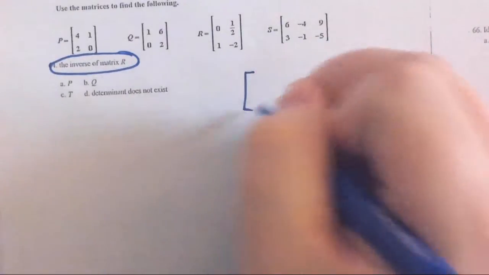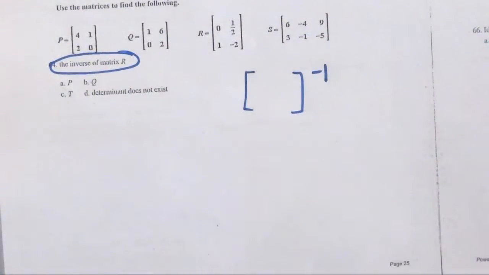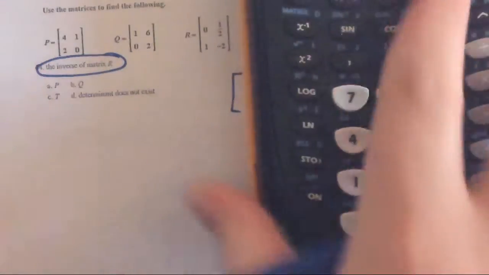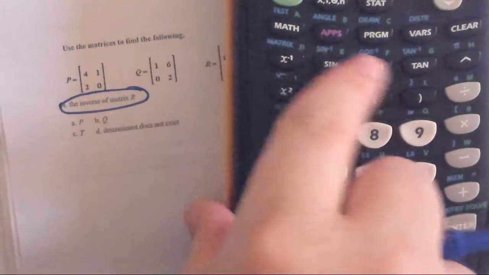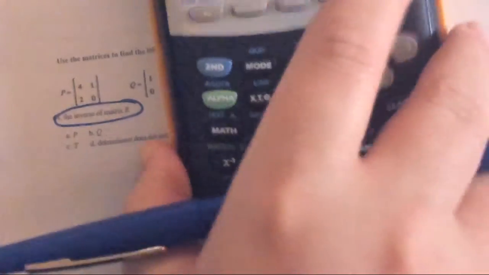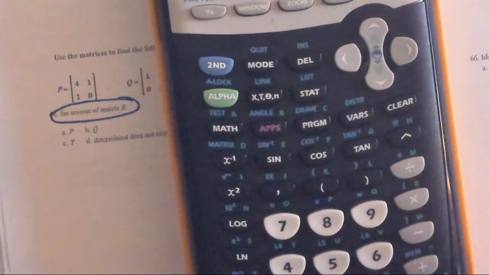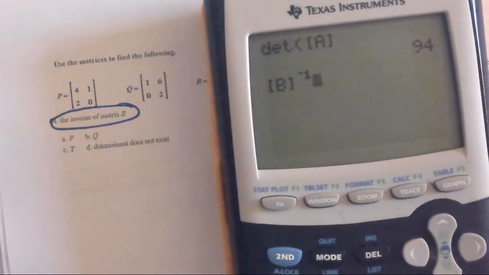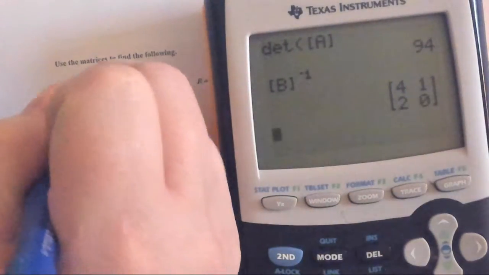So we're supposed to hit the little -1 button, which is exactly where the matrix button is, but not in blue. So I'm going to tell it I want matrix B. Then I hit the -1 button. So we found it. Which answer should we pick then? Which is A, yes. You get the point.